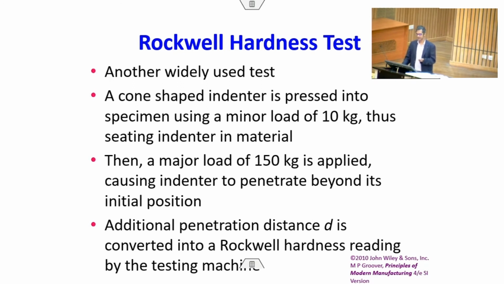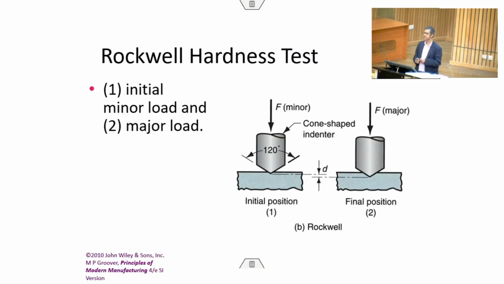Then you can measure the depth, and from the depth you can calculate the hardness. So, you see that this is the indenter, and if you apply load, it makes a depth. Okay, you can see that this is the depth. Sorry, this is the depth, not this one. So, this depth is what is used for the measure of hardness.